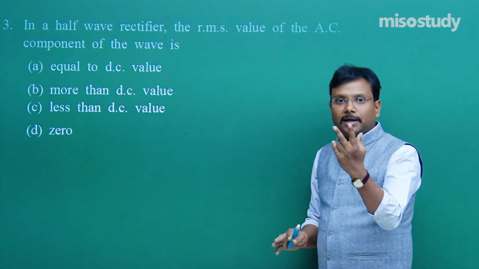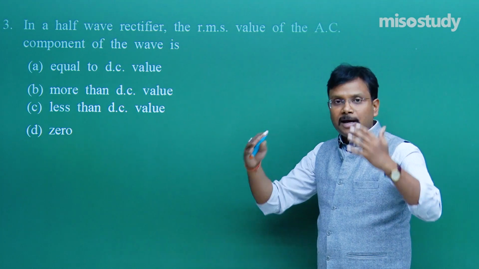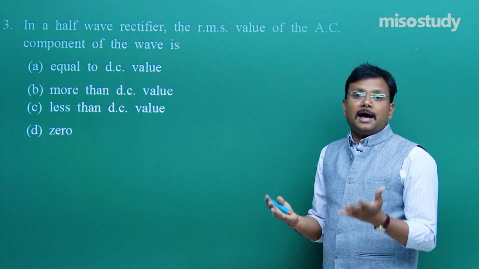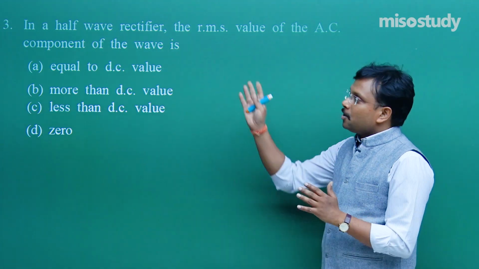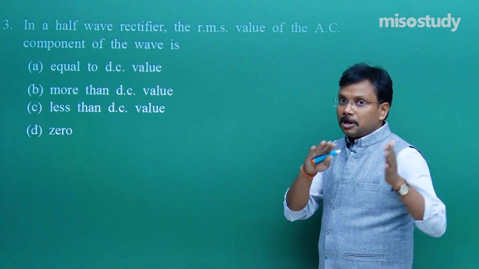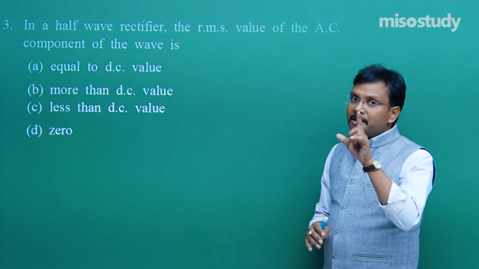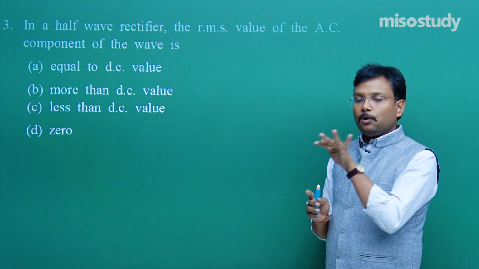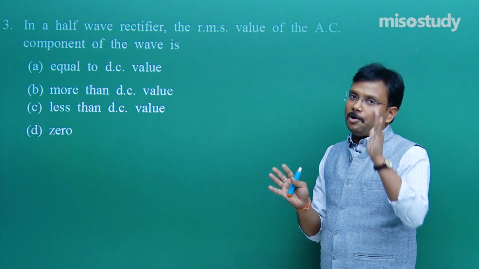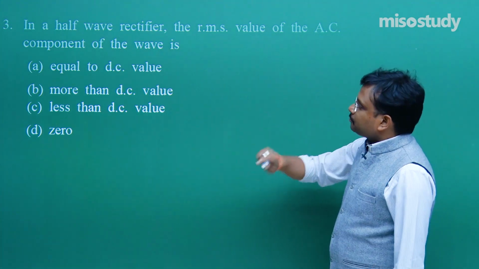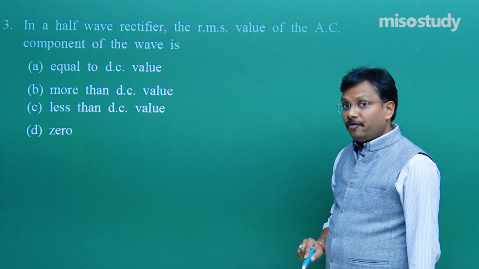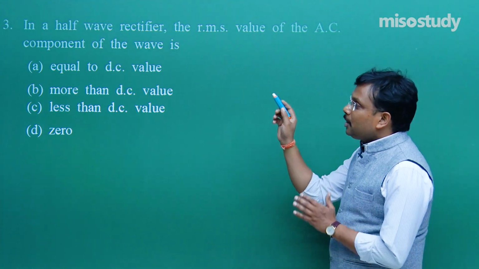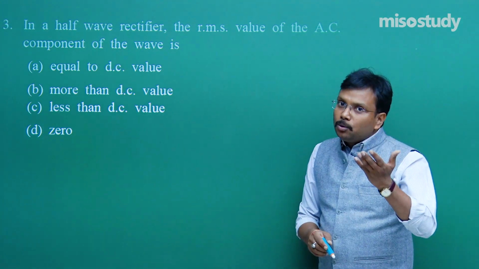If you attach two diodes and create a full wave rectifier circuit, as I explained during the discussion of these topics in regular sessions, that will give you complete DC. Half wave rectifier means for half a cycle of AC you get DC, then no response, then again DC, then no response, and so on.